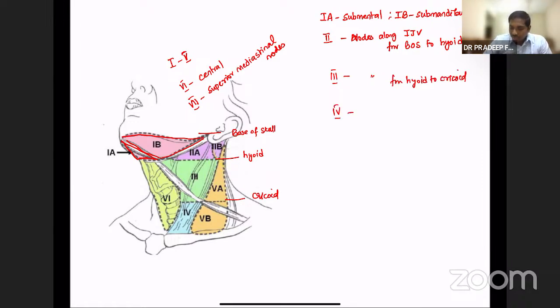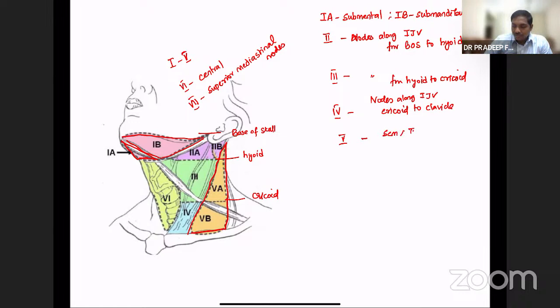Level 4 is from cricoid to clavicle, also nodes along the IJV. Level 5 is the triangle bounded by the lateral border of sternocleidomastoid, trapezius, and the clavicle.